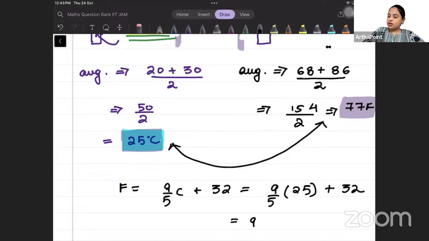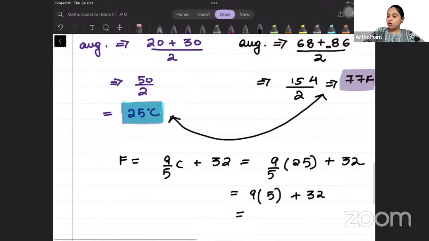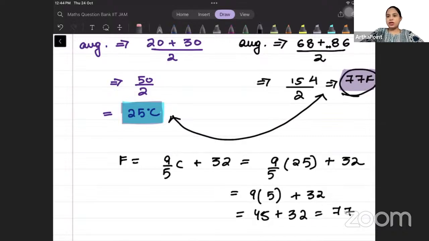This is 9 into 5 plus 32, which is 45 plus 32, and this is 77, which is exactly what I am getting. So it means that when I find the arithmetic mean, the two observations are absolutely symmetric.